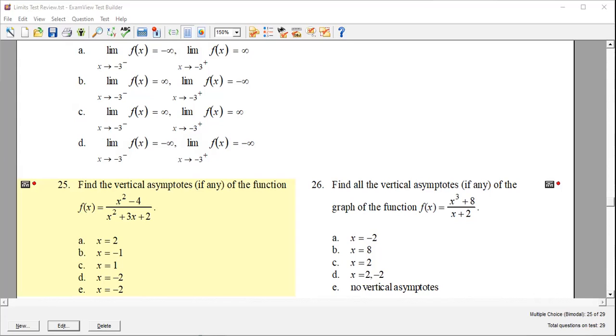What happens? What are my vertical asymptotes? I don't have any. And that's the exact answer. So watch it. If you can factor, go ahead and factor.